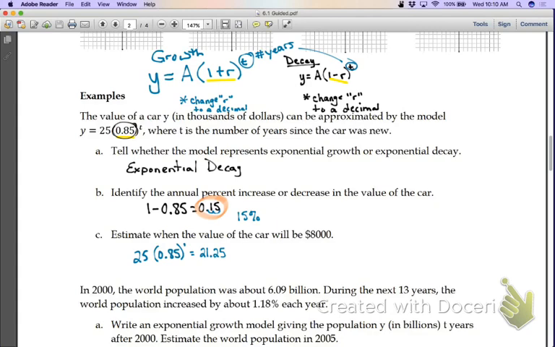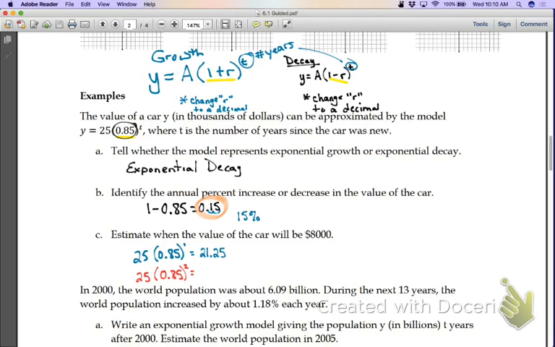If I do it again, now you can keep doing it this way, but hopefully I would at least do it. So after 2 years, I take 25 times 0.85, to the second power.